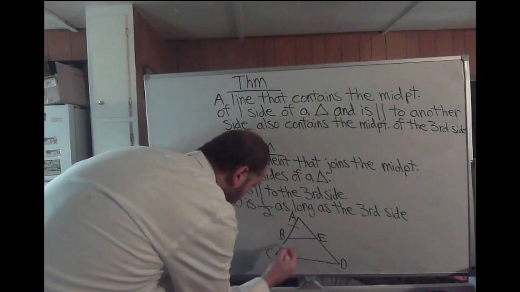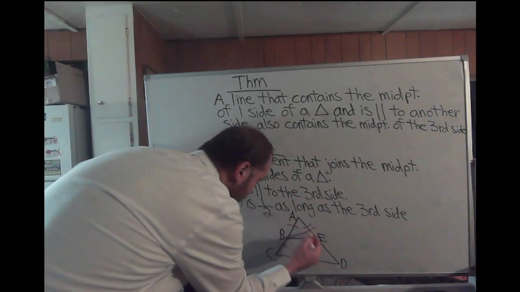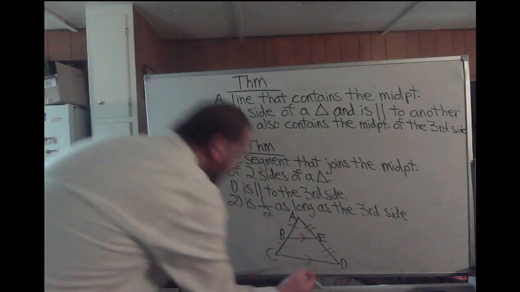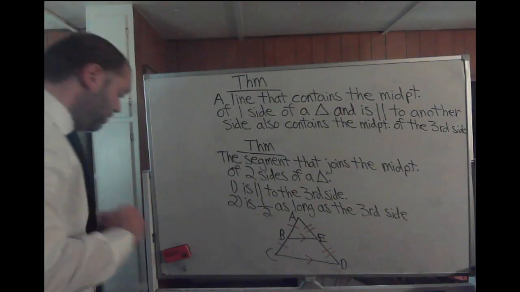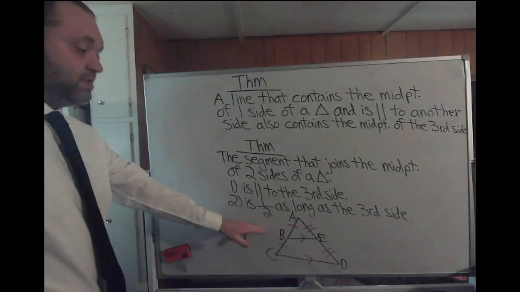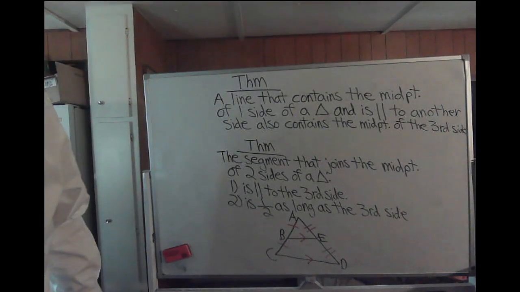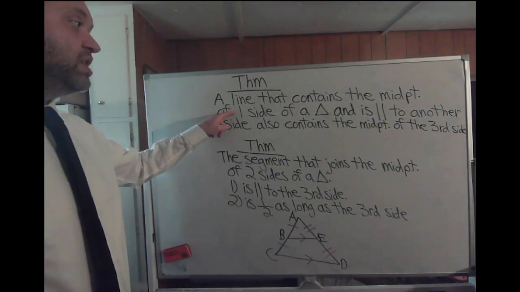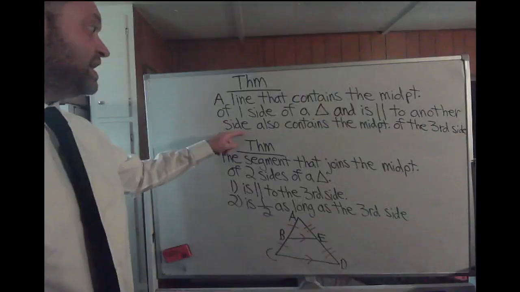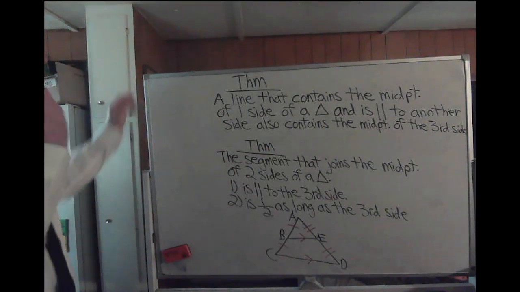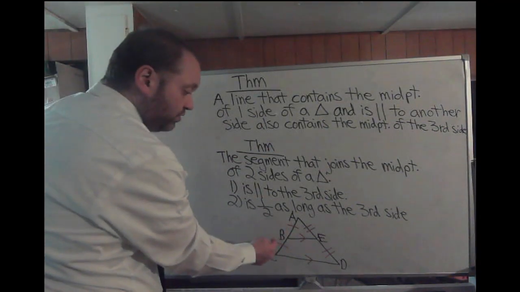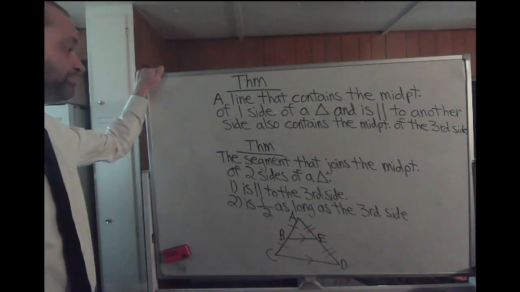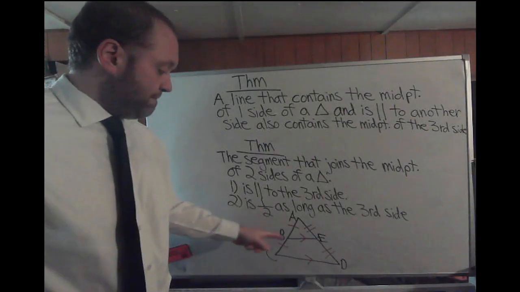Let me put up some congruency markers here. So first theorem. This triangle will be used for both theorems. A line that contains the midpoint of one side of a triangle and is parallel to another side also contains the midpoint of the third side. So here you have triangle ACD.